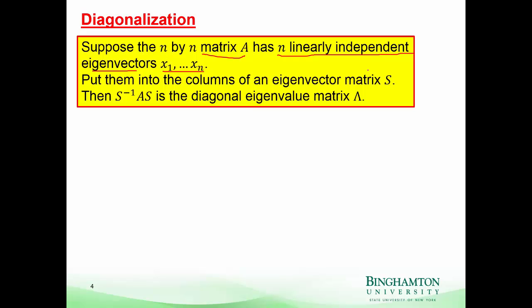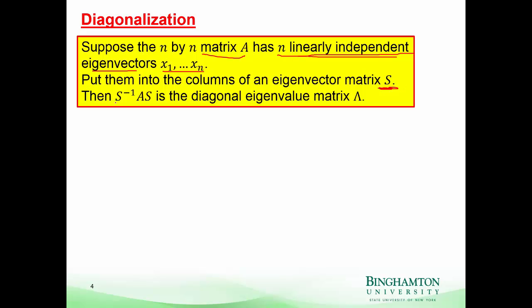And we're going to put those into the columns of some matrix. We'll call it the eigenvector matrix. For now, we'll call that matrix S. And since we have n linearly independent columns, S is going to be n by n, full rank, non-singular, so it's invertible.